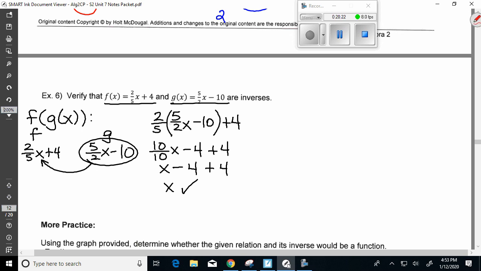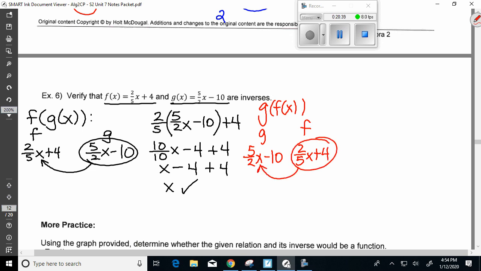Now let's do it the other way around. G of f of x. The g function is 5 over 2 times x minus 10. The f function is 2 over 5 times x plus 4.